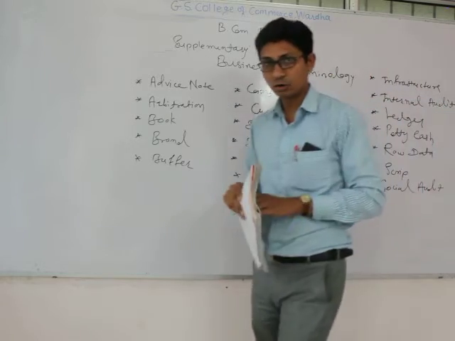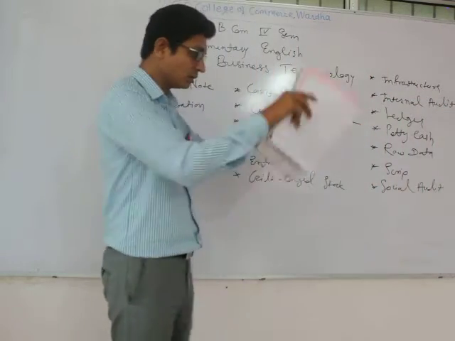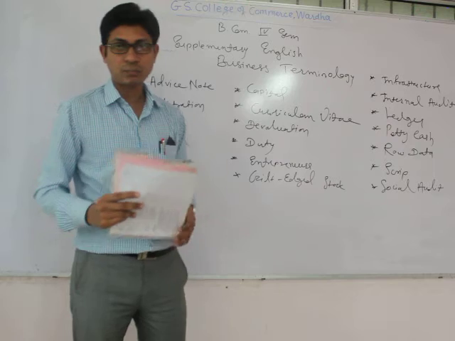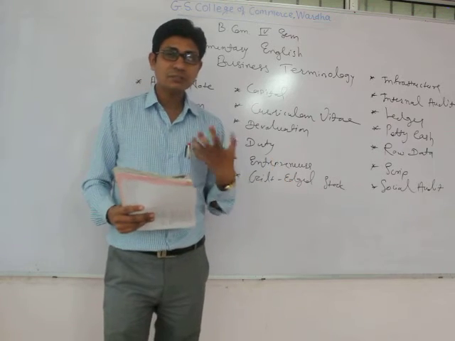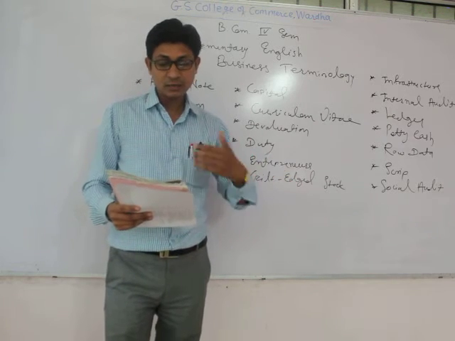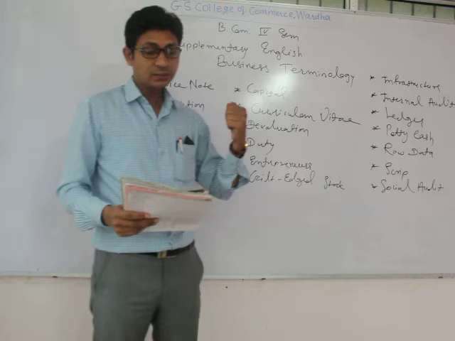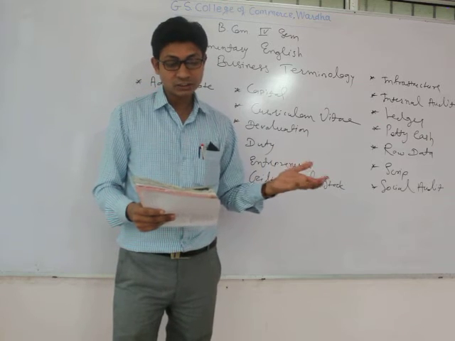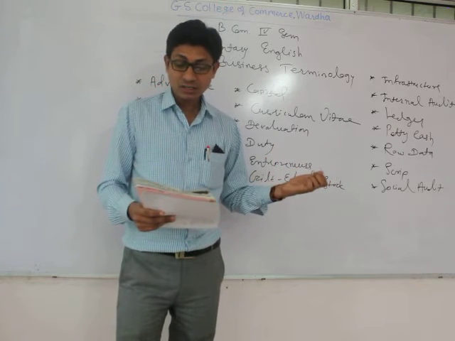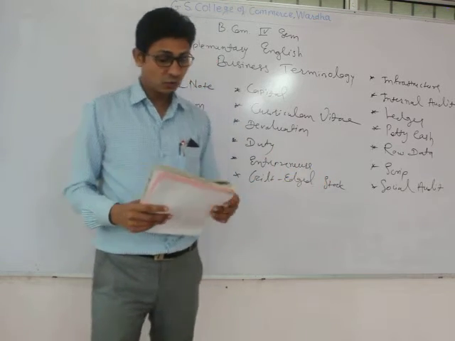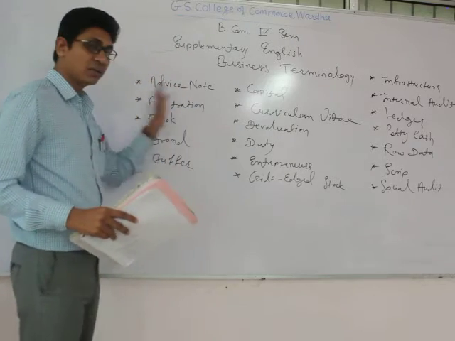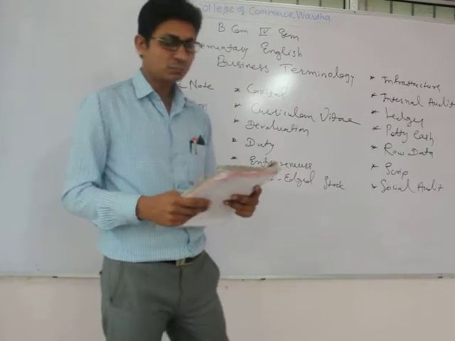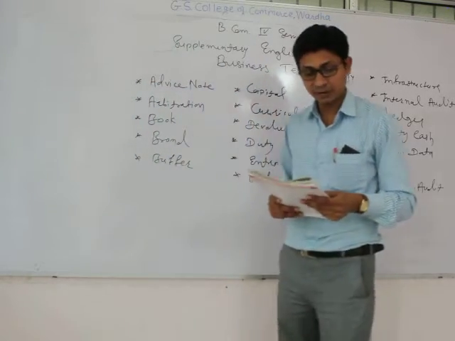So this kind of document, which has all these details, is a kind of indication that the goods are successfully delivered or dispatched or carried out. That is called advice note. It's very simple for you, as you have the commerce background.